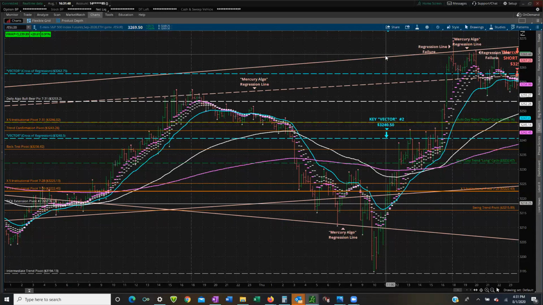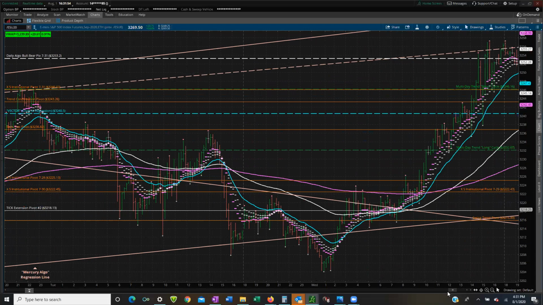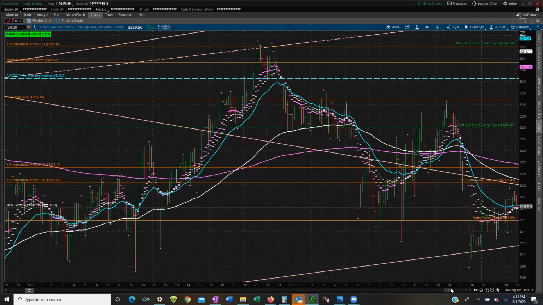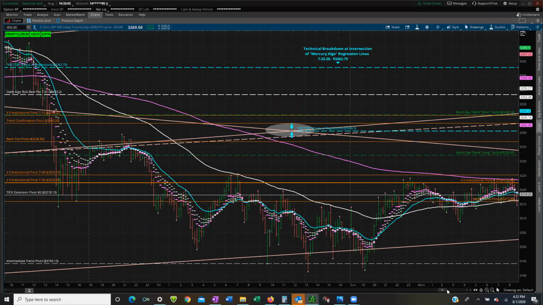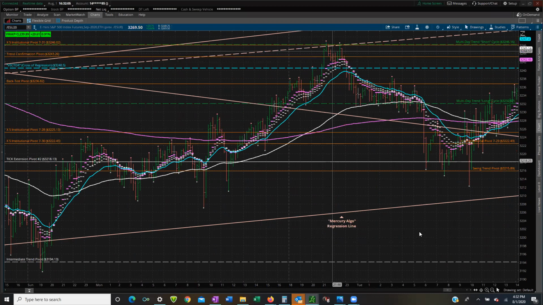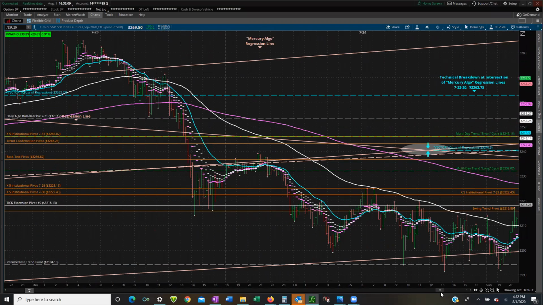You want to see something cool? You take this line here, that dashed one, let's go back. Oh, what do we have here? There's a top. Let's take it back some more. There's another top at the regression line. Let's take it back some more.